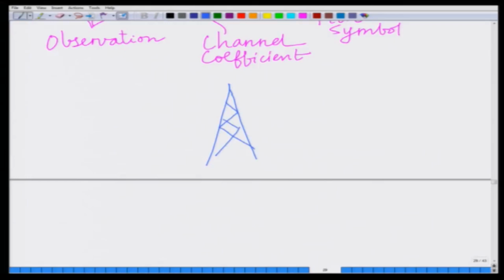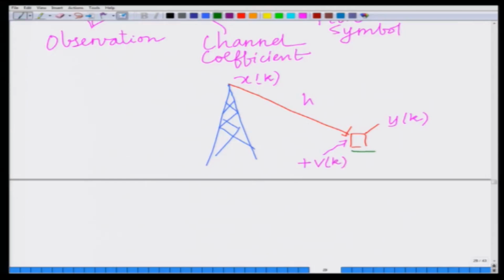So, this is my wireless base station which is the transmitter, transmitting to the mobile, and therefore, I have the transmitted signal which is xk, the received signal which is Yk at the mobile, the channel coefficient which is h, and also additive noise Vk at the mobile.